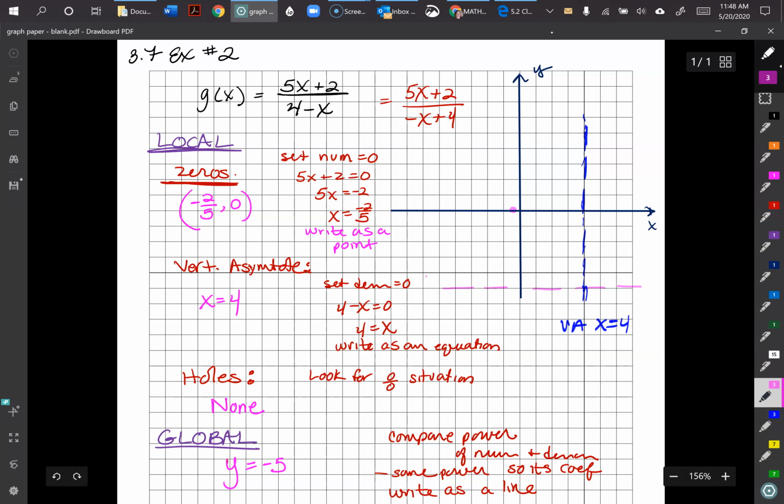Okay, so horizontal asymptote, y equals negative 5. So again, label it. Now I know it's the first power on the bottom, so I'm going to have them approach. I know I'm going to have this direction here. Let me get a thick one. This one is going to be up, because I know I have to hit through this. So I know I'm going to be on this side.